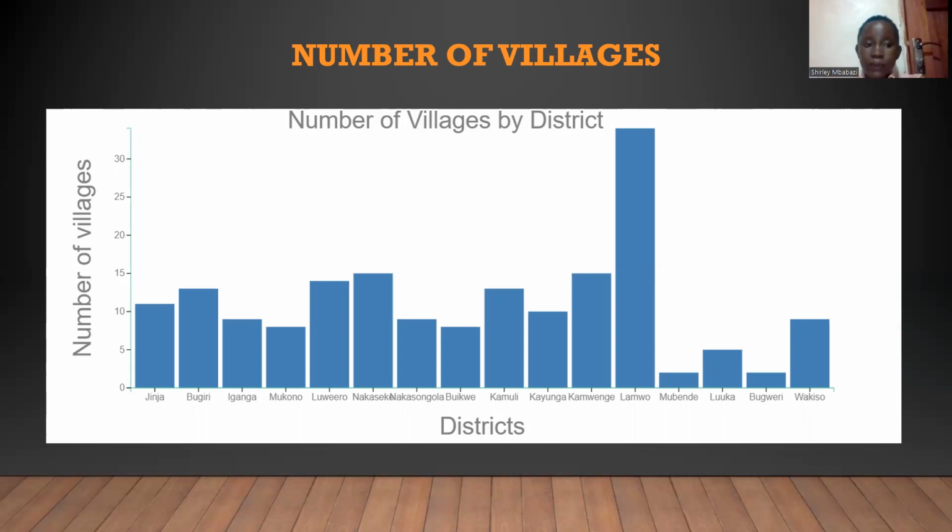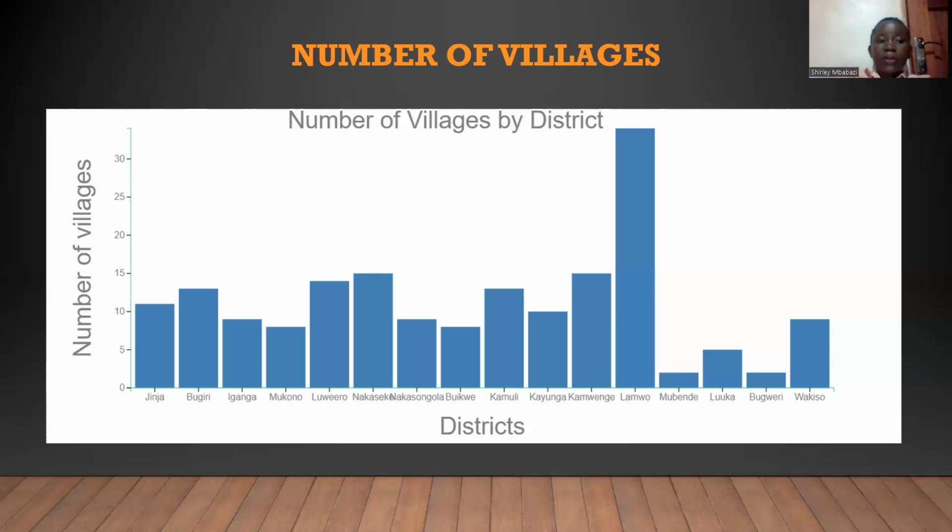We see that most of the data was collected from Lamu district, where a total of 35 villages were visited to collect the information. And the least amount of data was collected from Mubende, where we see only two data rows.